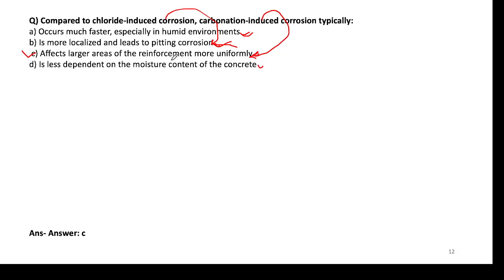Is it less dependent on the moisture content of concrete? Obviously not. Both chloride-induced and carbonation-induced corrosion are dependent upon the moisture level. If the moisture level is very low, even if there are chlorides or carbonation in the structure, it still may not corrode at a higher rate.